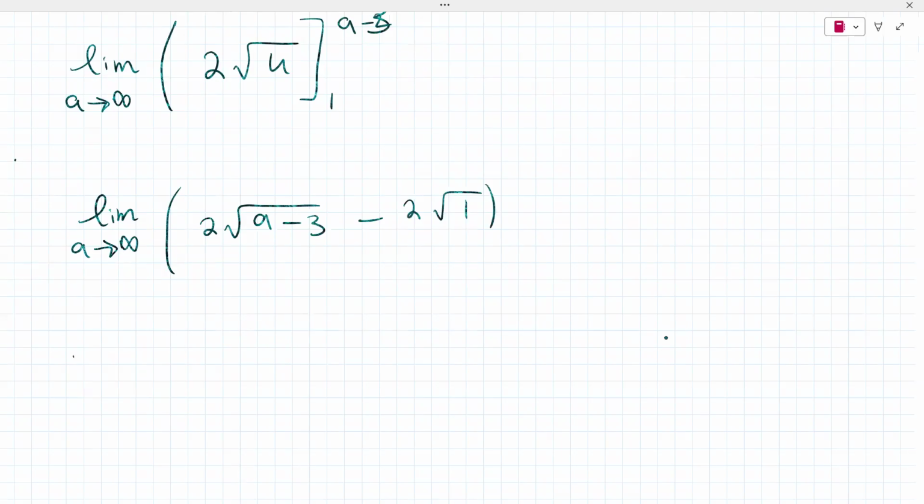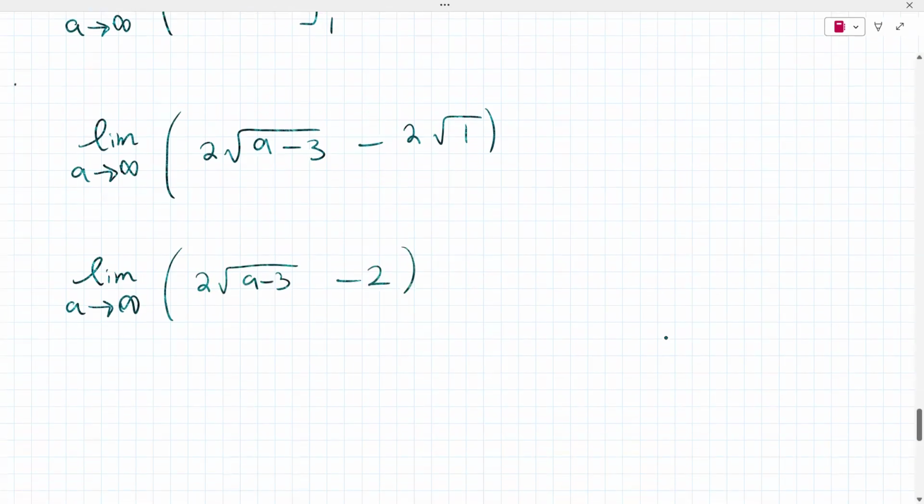So the limit as a approaches infinity of 2 square root of a - 3, minus 2 square root of 1. So what would that be? The limit as a approaches infinity of 2 square root of a - 3, and then square root of 1 is 1, minus 2. That's infinity minus 2, which is infinity, so it diverges.